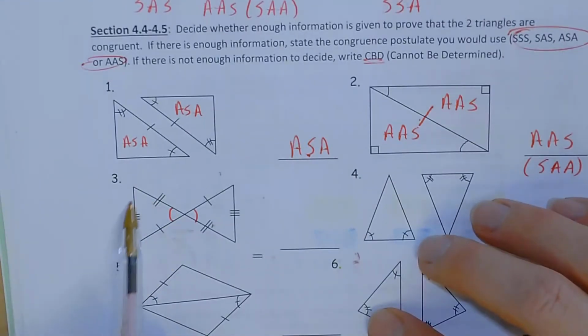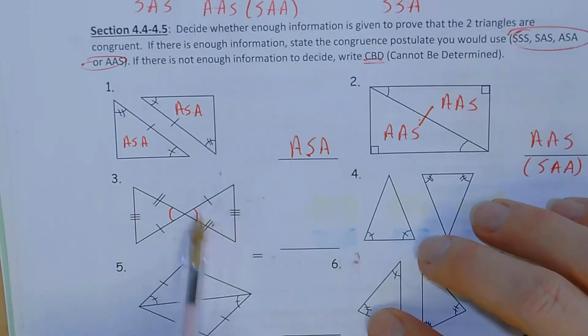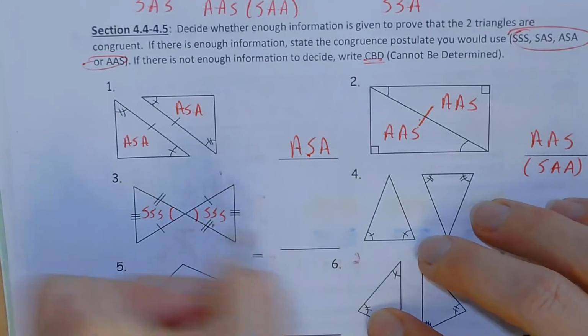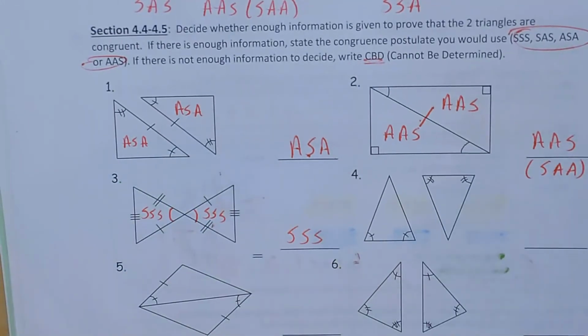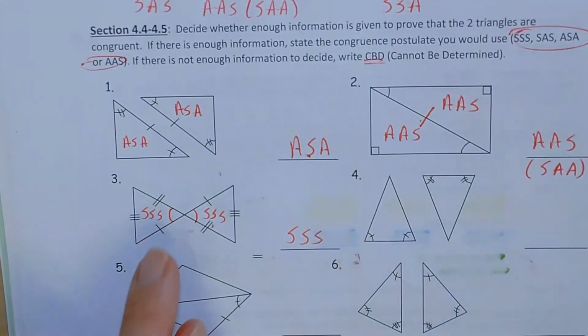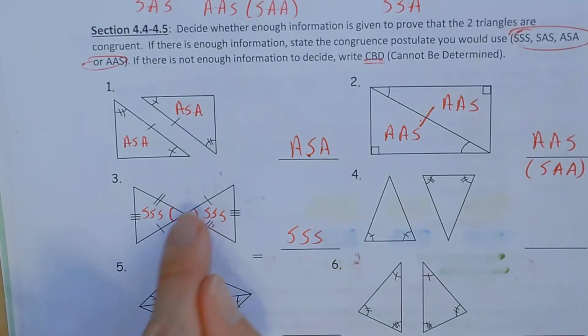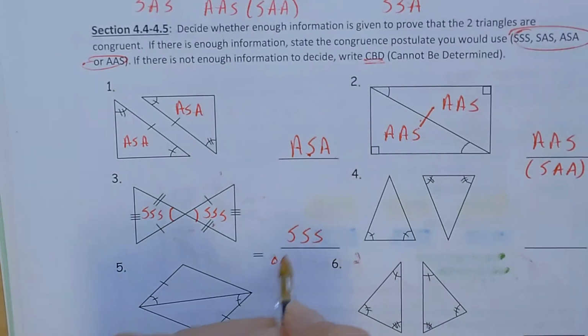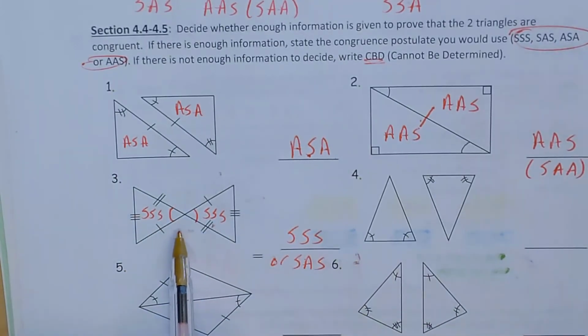So if this triangle has 3 sides that match this triangle's 3 sides, then that's enough to say that those two will be twins. Or if you don't like that, you could also do side, angle, side, because the angle's between the two sides. So if you choose that, that would also be an option. Side, angle, side could be used for that picture too.